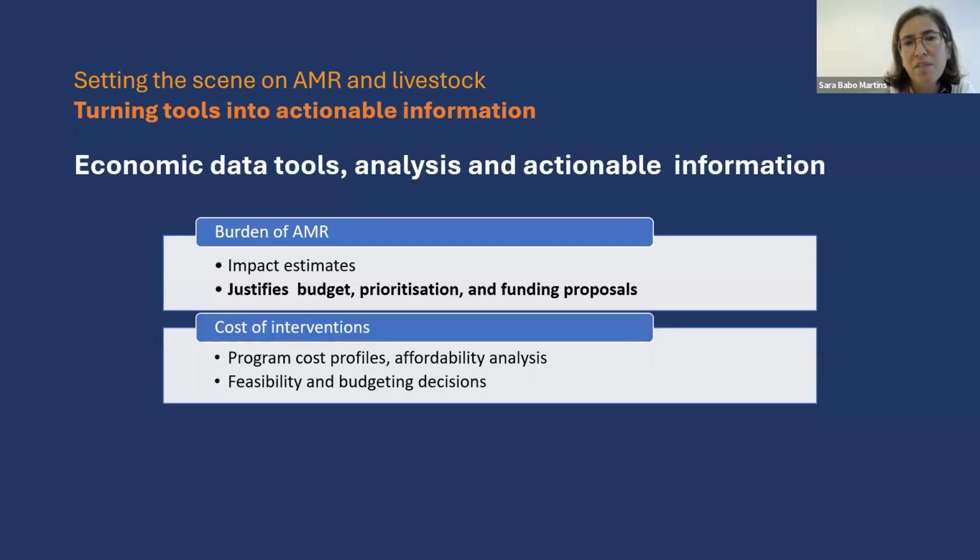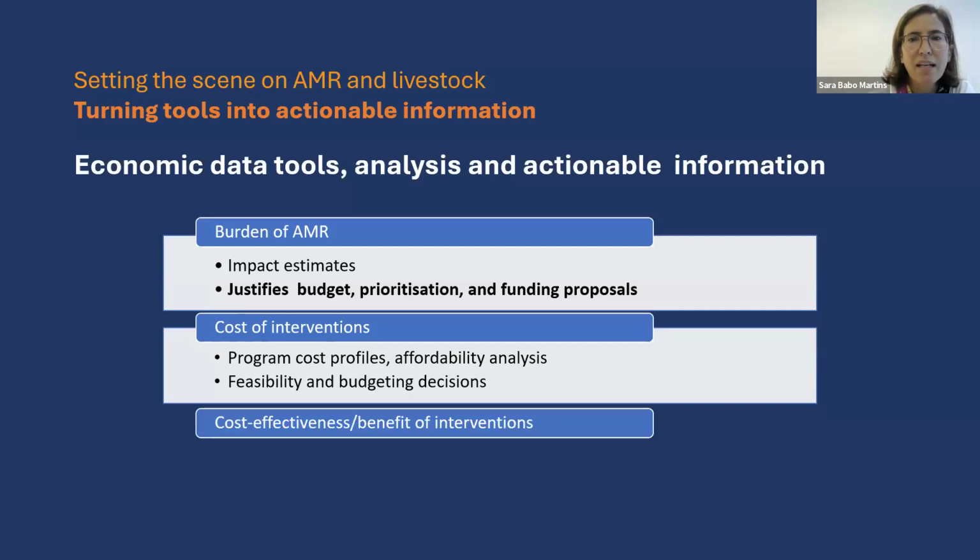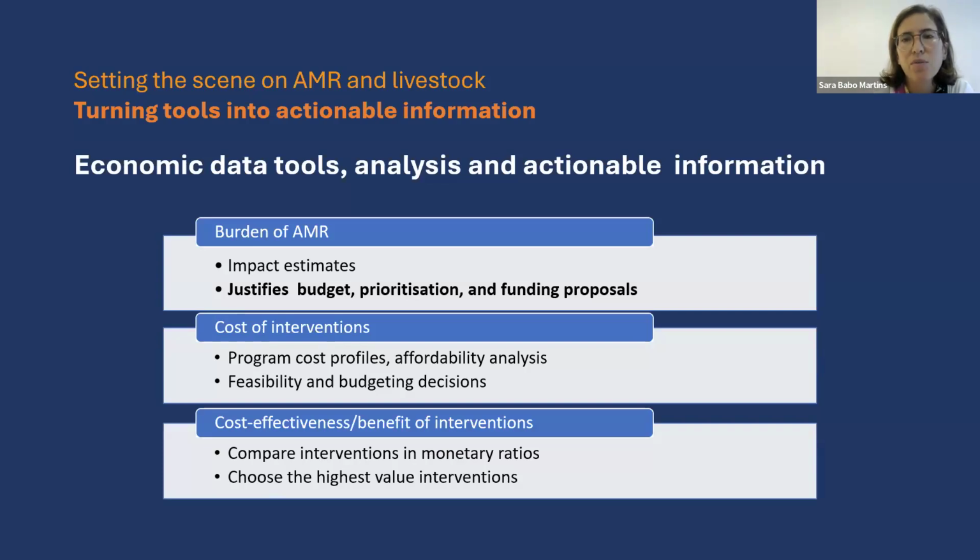Then in terms of cost of interventions, we can start to see if what we're intending to do, planning to do, is actually feasible, how much will it cost, and take some budgeting decisions around that. And then build upon this and try to also assess cost effectiveness and cost benefit of interventions, so we can start to compare different alternatives of interventions, of decisions, one against the other, and then actually choose the highest value intervention.